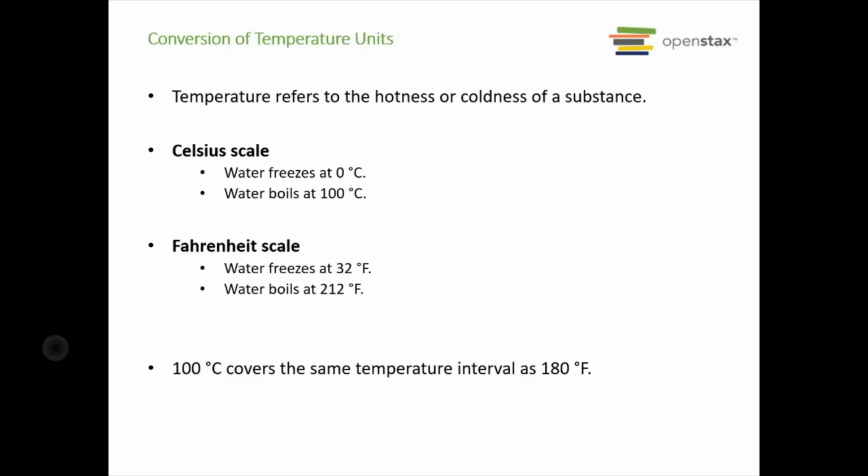Okay, before we move to temperature, let me go to a blank screen and let's do an example. And we're told the mass of a Frisbee is equal to 125 grams. And we want to convert to ounces.